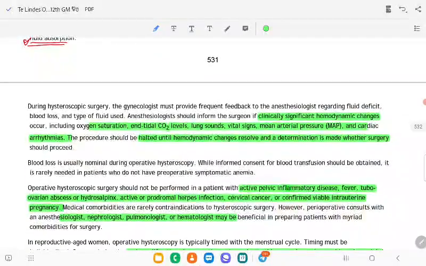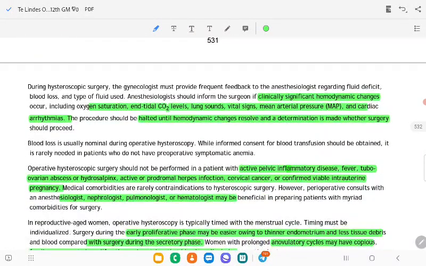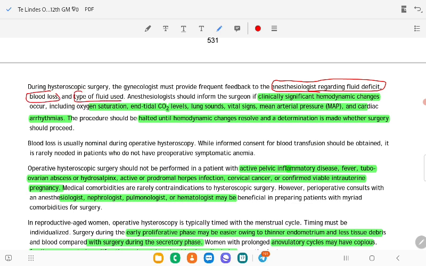During hysteroscopy surgery, the gynecologist must provide frequent feedback to the anesthetist regarding the fluid deficit: how much blood loss, how much fluid deficit, type of fluid used. The anesthesiologist should inform the surgeon if anything is clinically significant.